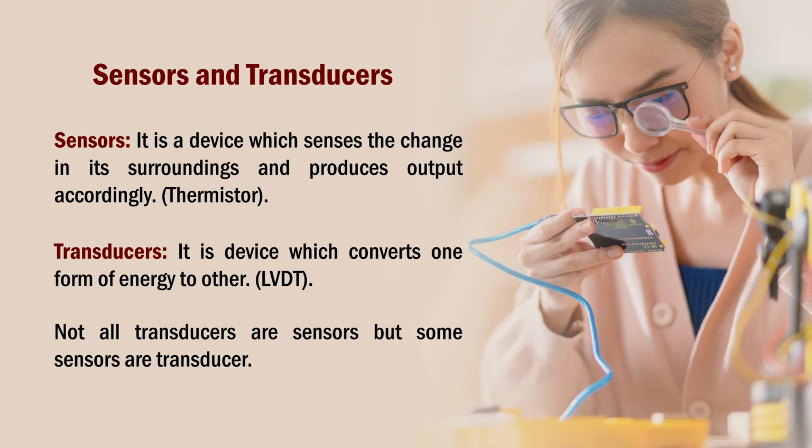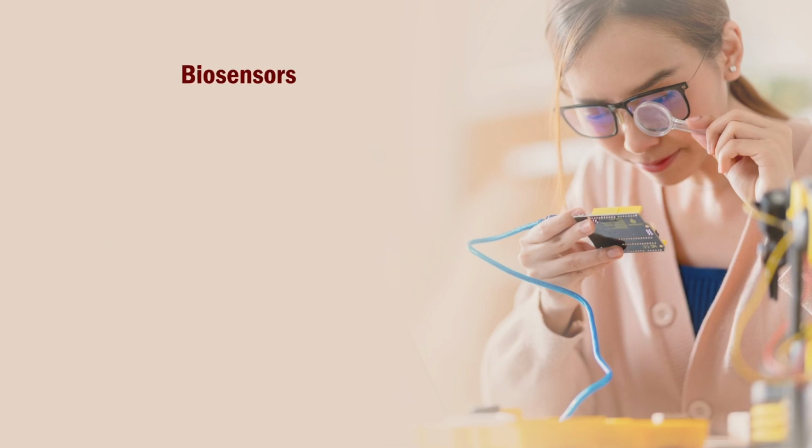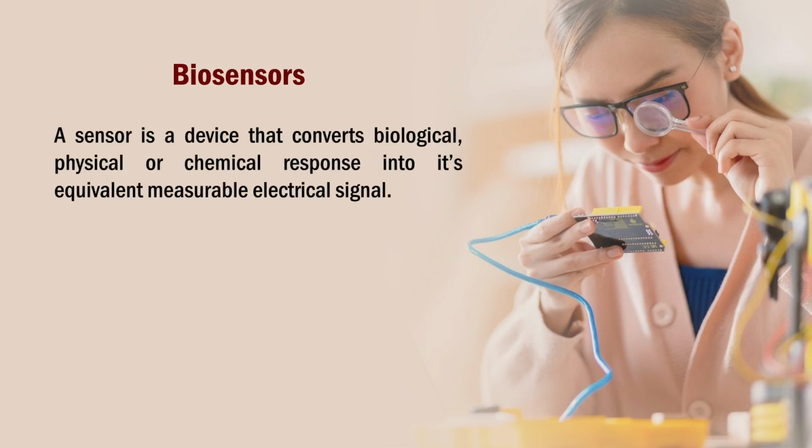An example of a transducer is the LVDT, that is linear variable differential transformer, which converts motion or displacement into electrical form. A biosensor is a device that converts a biological, physical or chemical response into its equivalent measurable electrical signal.